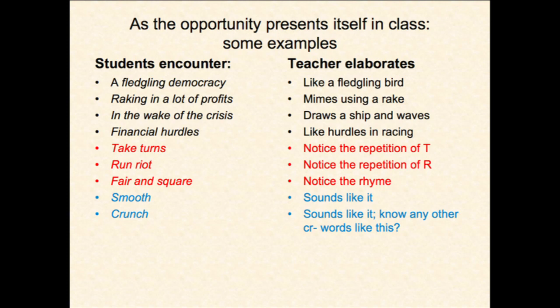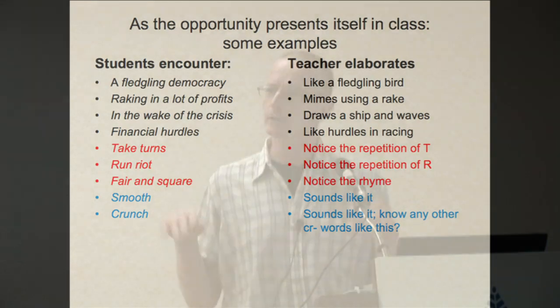Well, you can, of course, explain the abstract meaning, but you can also elaborate and say, well, do you know what a fledgling bird is? A young bird trying to fly, okay? Students come across, the banks were raking in a lot of profits. Well, what do you do? You mime raking, right? The dual coding thing. In the wake of the crisis, you draw something on the blackboard that represents the original meaning, etc.